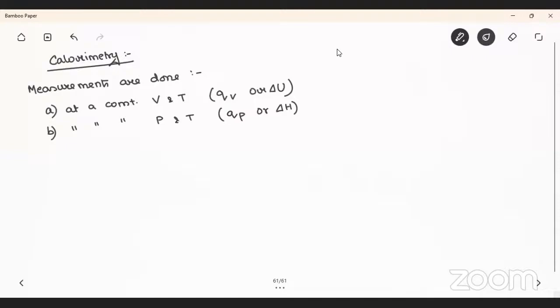This is the rule: if it's volume and temperature, we write like this; if it's pressure and temperature, we write like this. At a constant volume and temperature, this process is carried out in a closed rigid vessel. Let's first deal with this.